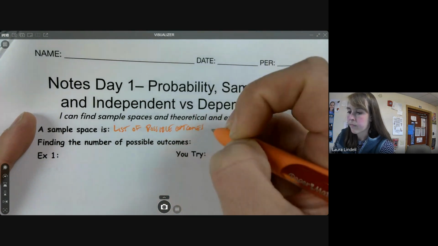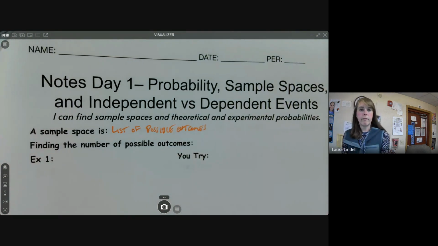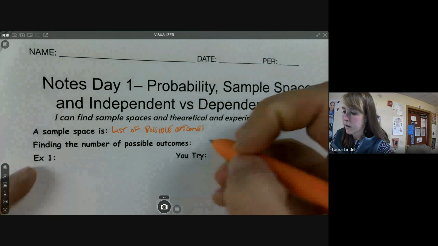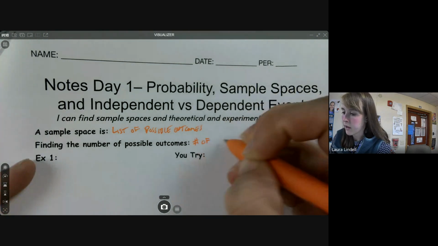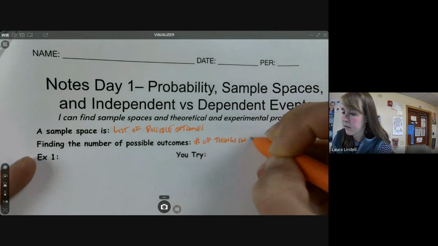Sometimes we'll also want the number of possible outcomes. We'll get to that eventually. But the number of possible outcomes is also kind of the sample space here, or the number of things in your sample space.